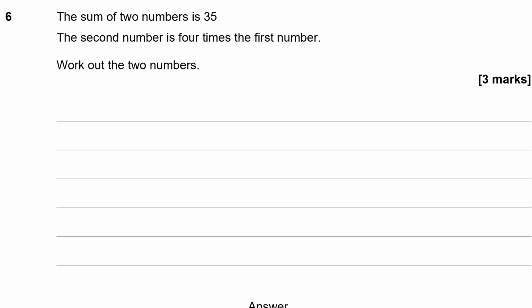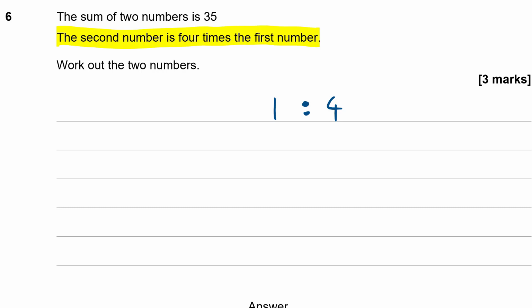I'm told here that my second number is 4 times the first number, so I can express that as a ratio. I can say the ratio of the first number to the second number is 1 to 4. And then because the sum of the two numbers is 35, essentially what we're going to do here is just divide by that ratio.